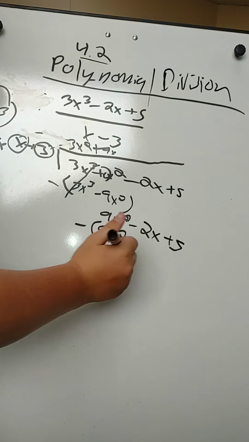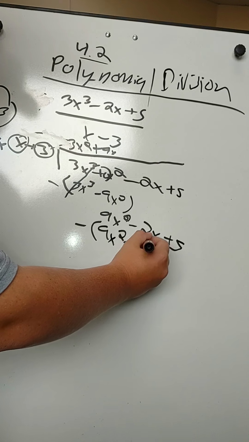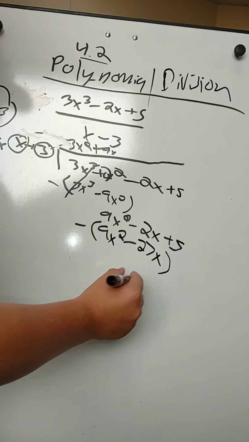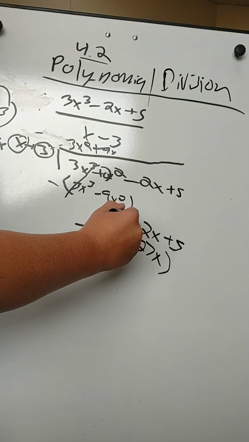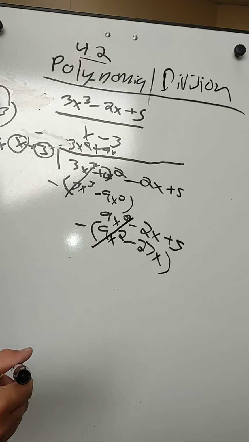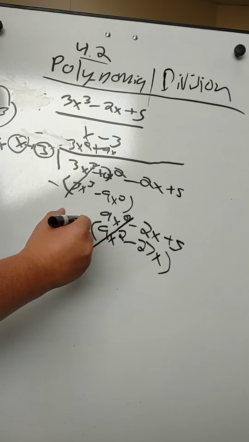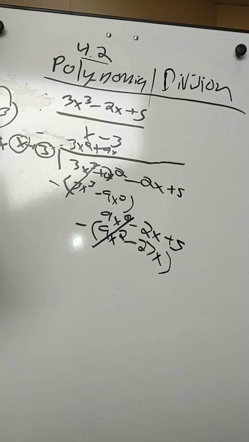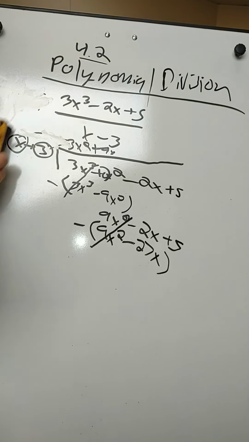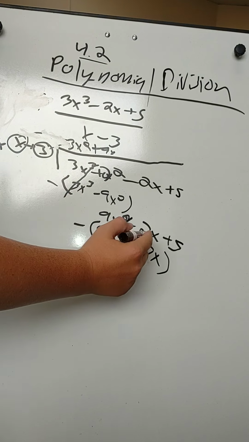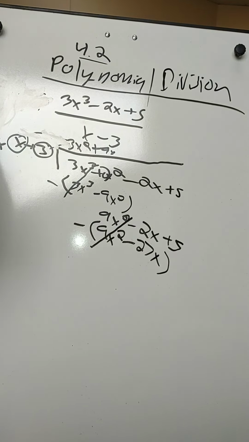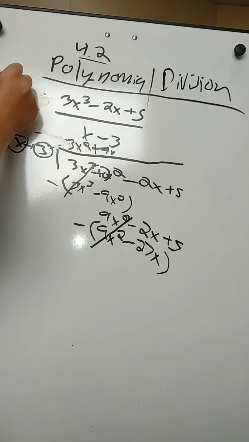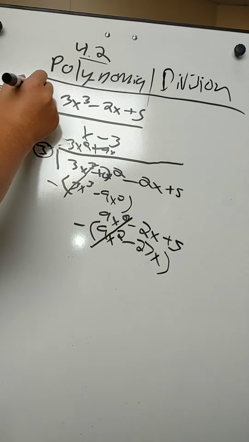Oops, minus 27x. And once again, the 9x squared is going to cancel out. So we're going to be left with, I do have an eraser here, negative 2x minus negative 27x.